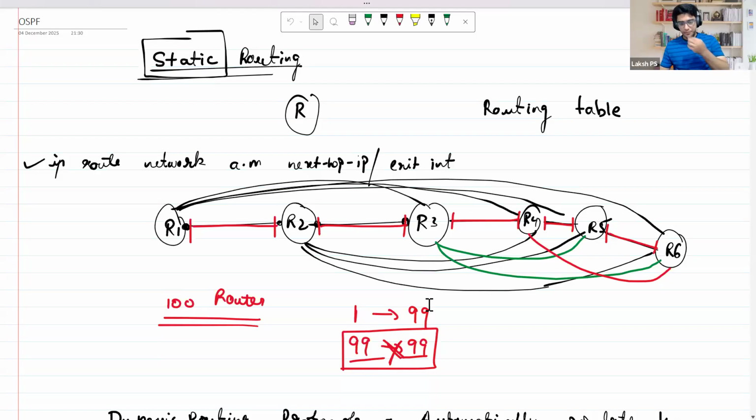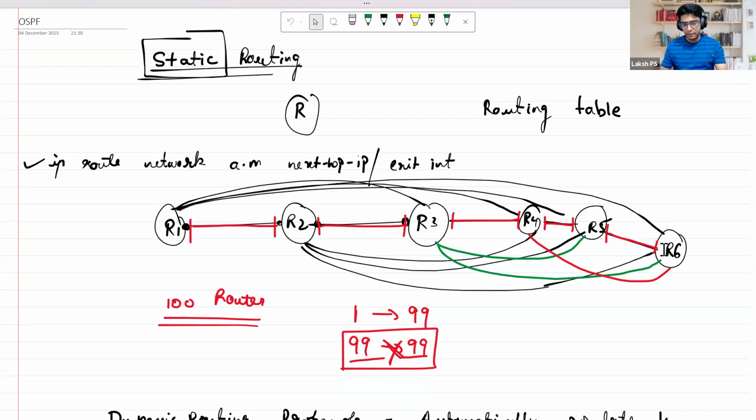There are six routers connected in a linear fashion, so R1 needs to have four static route commands configured. Similarly, R2 needs such configuration, R3 will have such configuration, and R4, R5, R6 will all have different lines of static route commands configured on their routers.